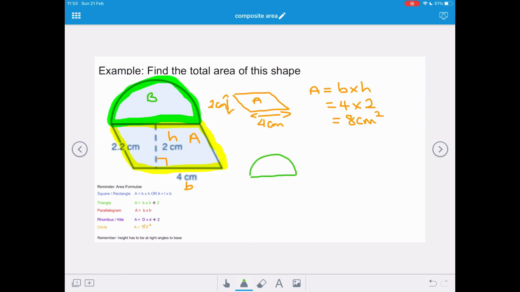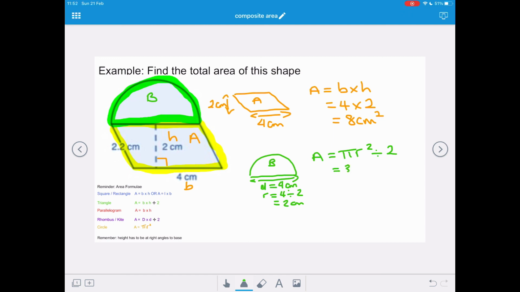Now for our semicircle, from the picture we can see that the diameter is 4 centimeters because it's the same length as the long side of the parallelogram. So the radius is going to be 4 divided by 2, so it's 2 centimeters. Now we want to write down our area of a circle, so that's pi r squared, but we want half of the circle, so we're going to have to divide that by 2 because it's a semicircle on top of our parallelogram.